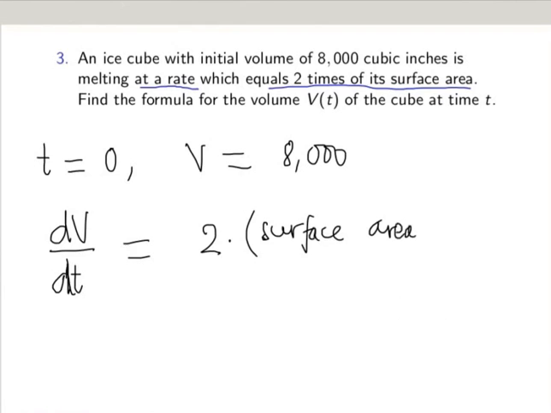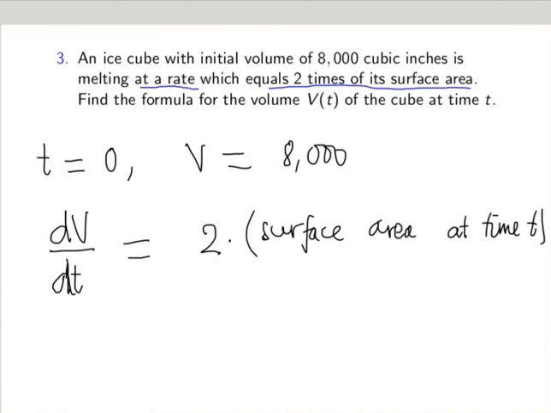But be careful, it means the surface area at time t, because it would not make sense to say that the rate of melting is always 2 times the surface area at the initial time, right?